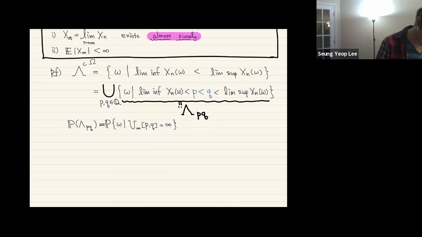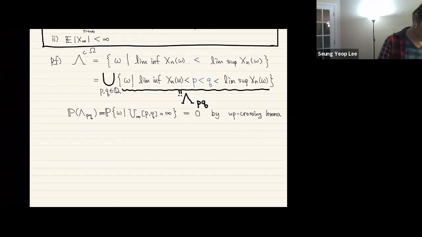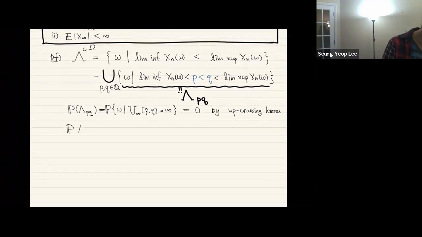Okay, and what we know is that this is 0 by the upcrossing lemma, because almost surely the number of upcrossings is finite, it cannot be infinite. So the probability of infinite upcrossing is 0. And therefore the probability of lambda, which is of course less than the summation over all the PQ of the probability of lambda PQ, right?